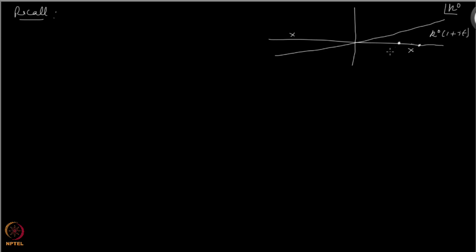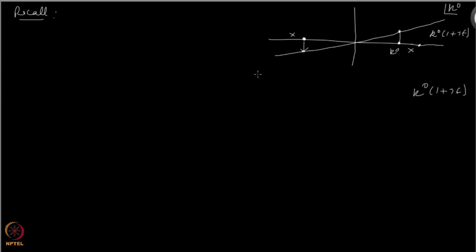So what was k naught here has been shifted to k naught (1 plus i epsilon), and similarly what was some negative number here has been shifted to a negative imaginary part. If k naught is negative, then this times epsilon is going to give you a negative imaginary part, which is exactly what is happening.